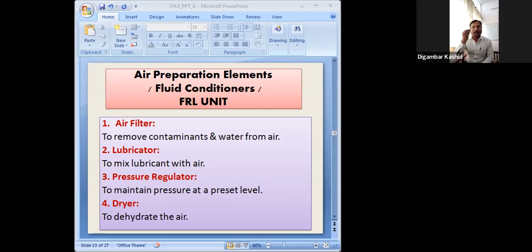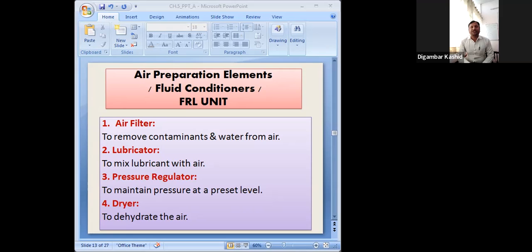If we get that air as clean, dry, and contaminant-free, you will have good performance and accuracy for your pneumatic components.